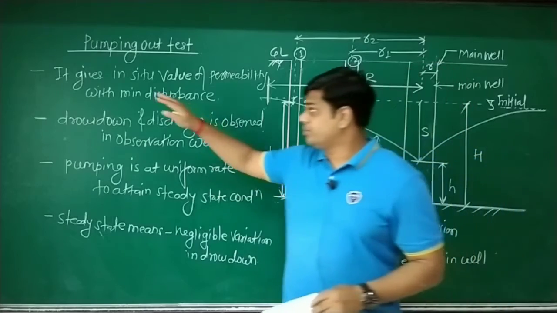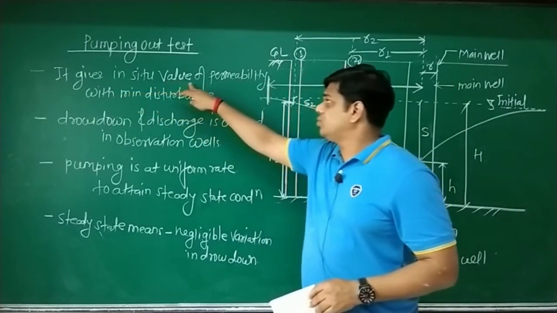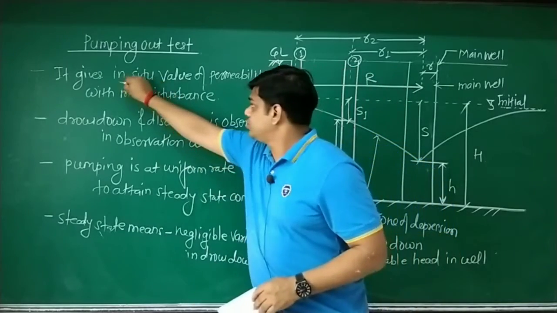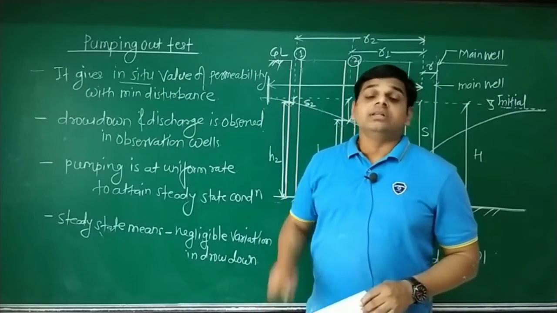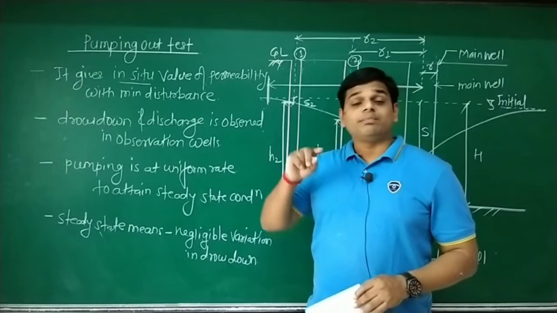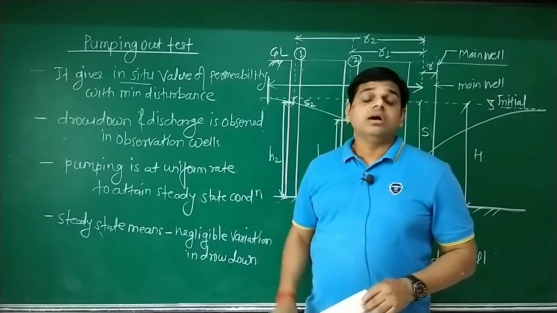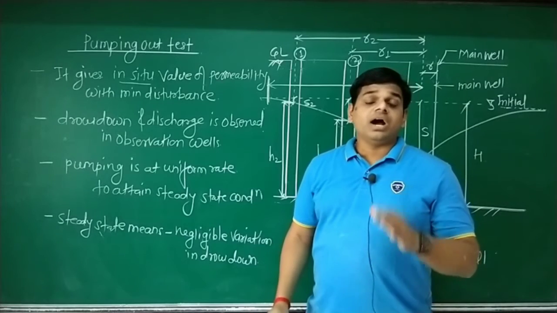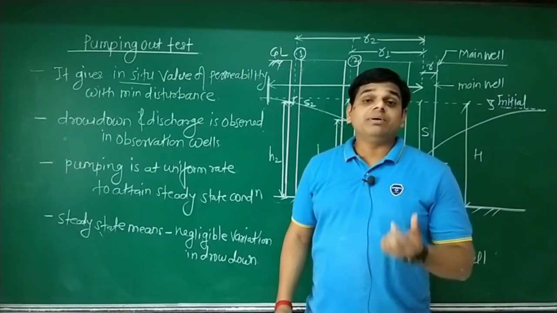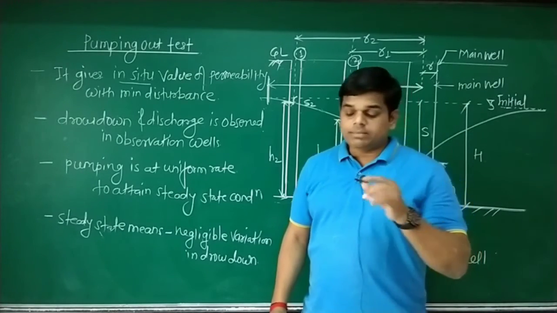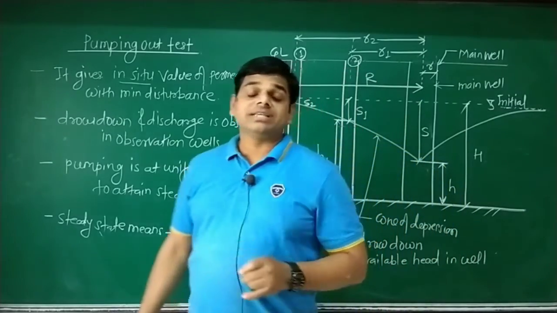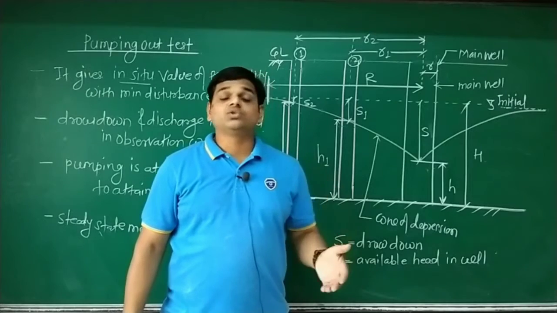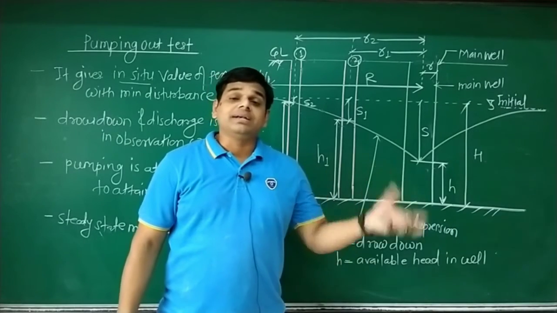So first important point, it gives in situ values of permeability with minimum disturbance. In situ means on site. The values obtained for permeability by this method are very accurate, because we are going to provide minimum disturbance to the soil. Remember, when we bring the soil samples to the laboratory, we excavate the soil, and that soil is filled in a container.